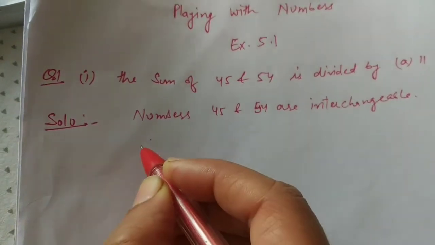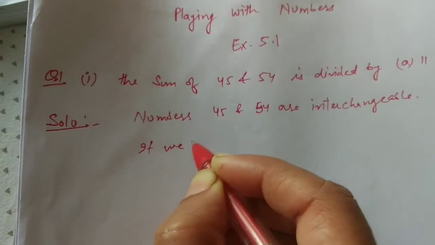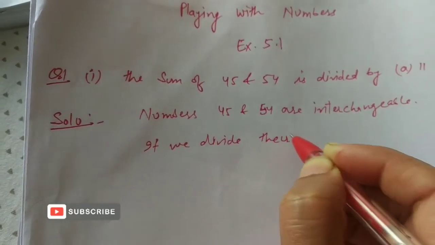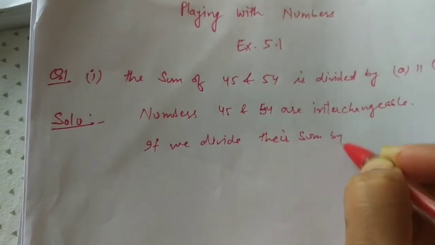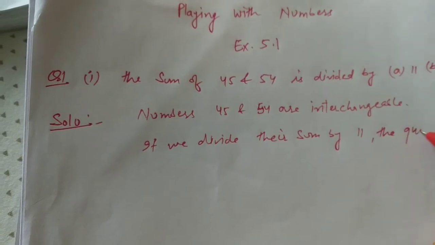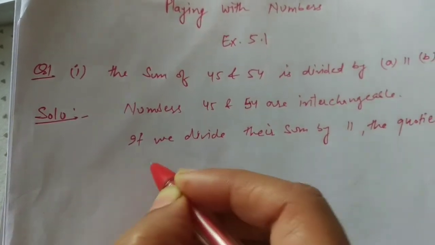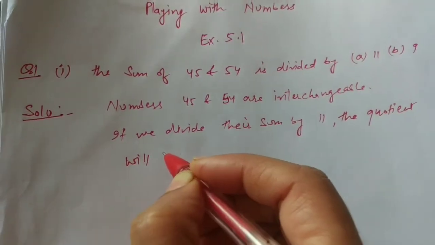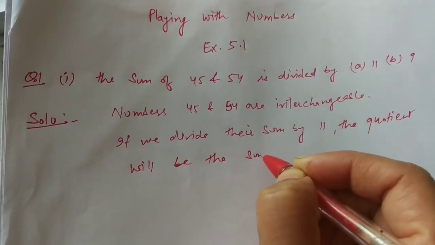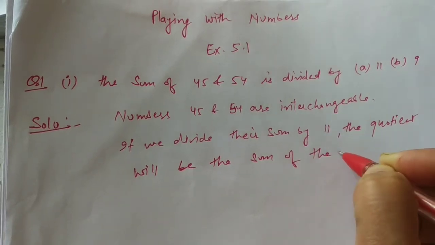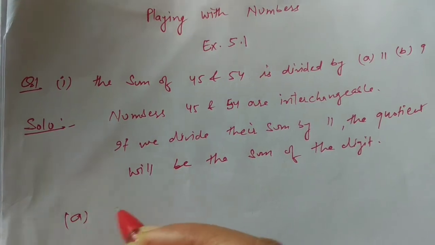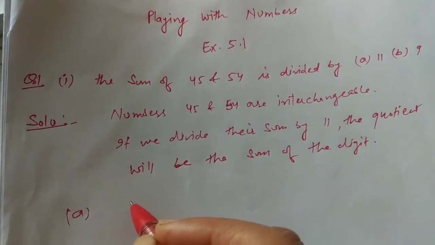So we will write, if we divide their sum by 11, the quotient will be the sum of the digits.